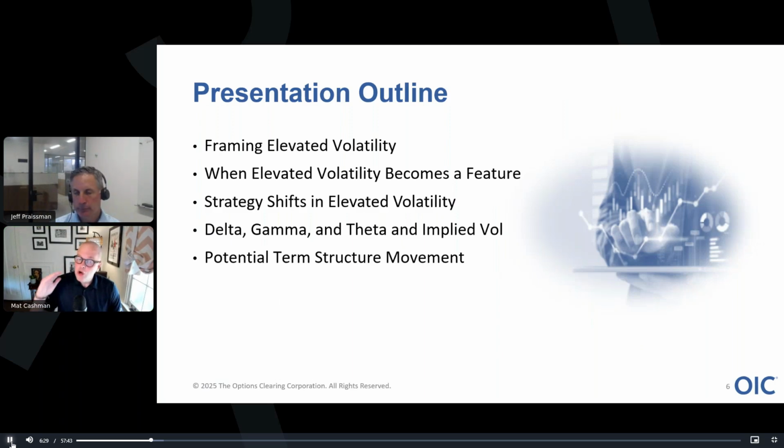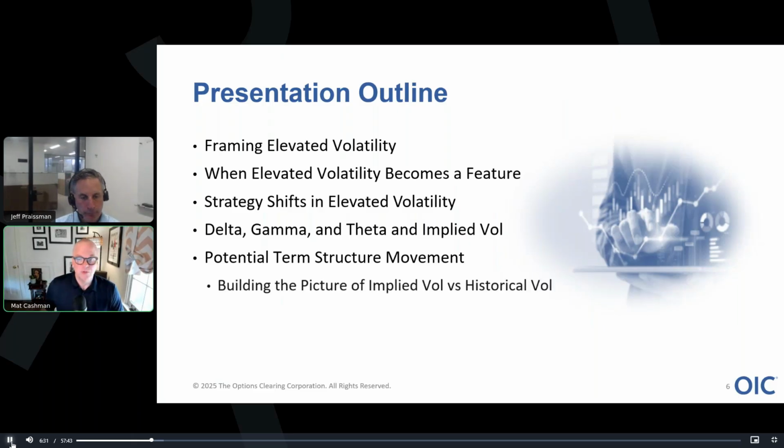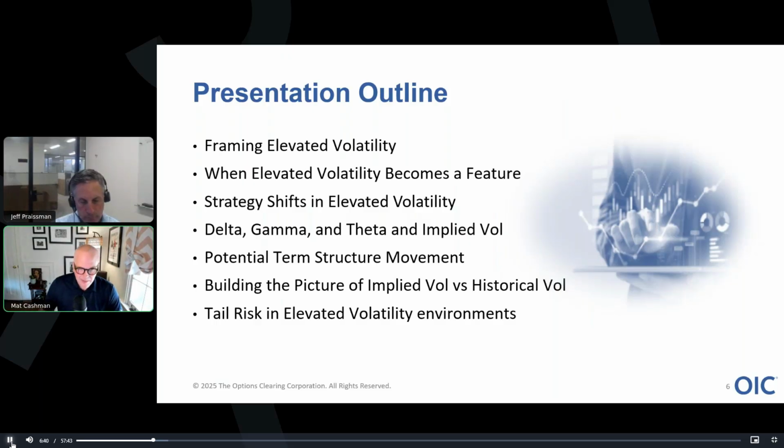Talk about different ways the term structure might move, which is something that's really interesting that people don't pay very much attention to often. And then I'm going to help you with building a picture of implied vol versus historical vol and thinking about tail risk. We've got a lot to cover today, as you might tell. Hopefully we'll have some time for some Q&A, but let's dig right in.